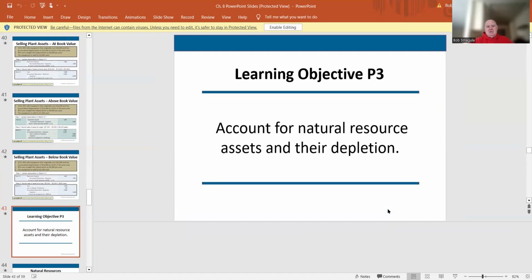Account for natural resources and their depletion. What we're going to learn here is that you depreciate tangible physical assets that you can see, like a building or cars, vehicles, equipment.